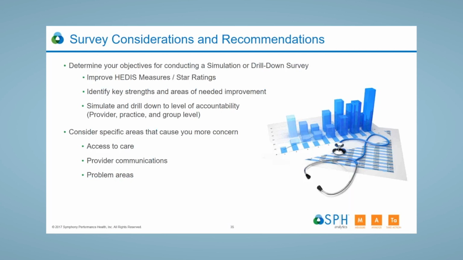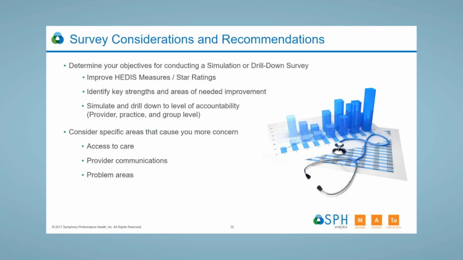Planners want to carefully consider their objectives for conducting the survey. For instance, what specific survey measures or star ratings are you looking to improve? Are you seeking to get more information beyond your regulatory survey results to better identify strengths, weaknesses, and therefore areas needing improvement?